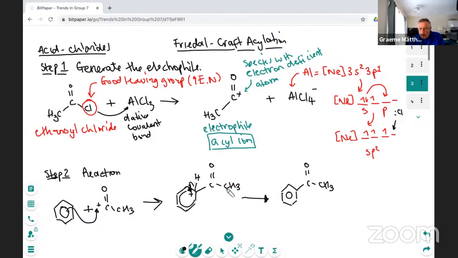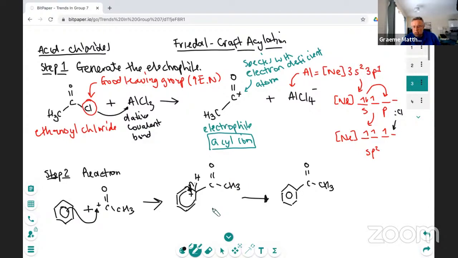Why do you reform the ring? Well, last week we were talking about the ring stability. We had that diagram going, and we said that the benzene ring, compared to the theoretical model 1,3,5-cyclohexatriene, the 1,3,5-triene, the benzene ring was, I think it's 152 kilojoules per mole more stable.